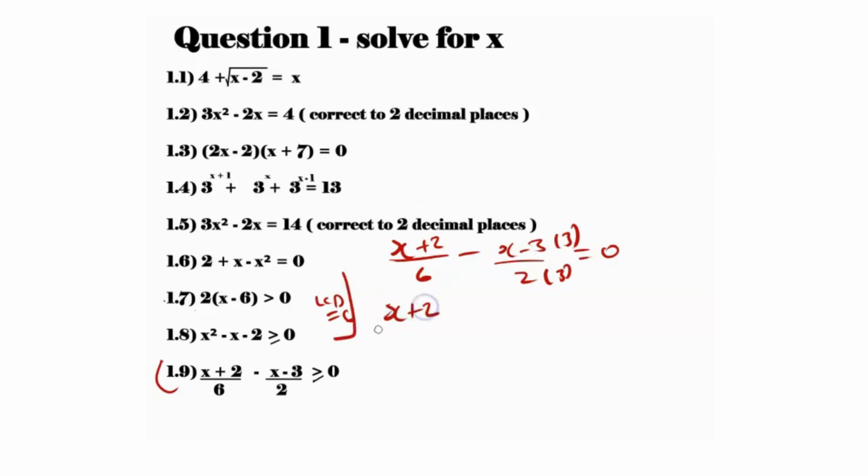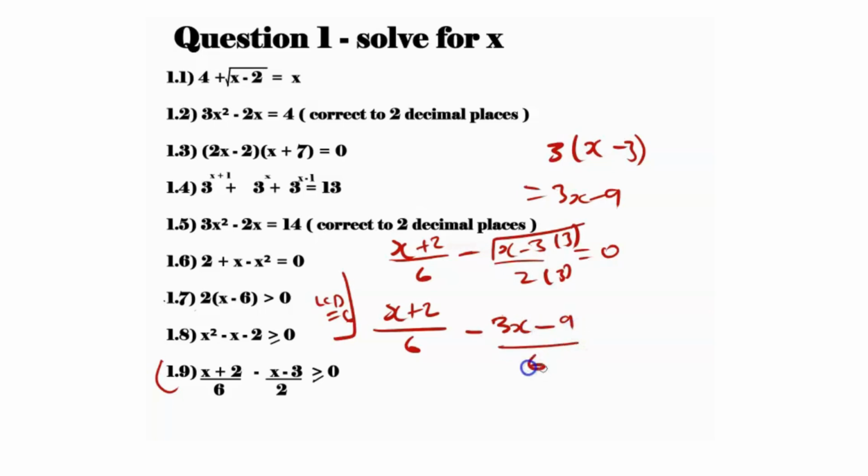So x plus 2 over 6 minus, okay, it's going to be like this. Remember, we have a negative here on the outside. So for now, let's just factorize this one. It's going to be 3x minus 9, and this negative sign is on the outside, over 6.